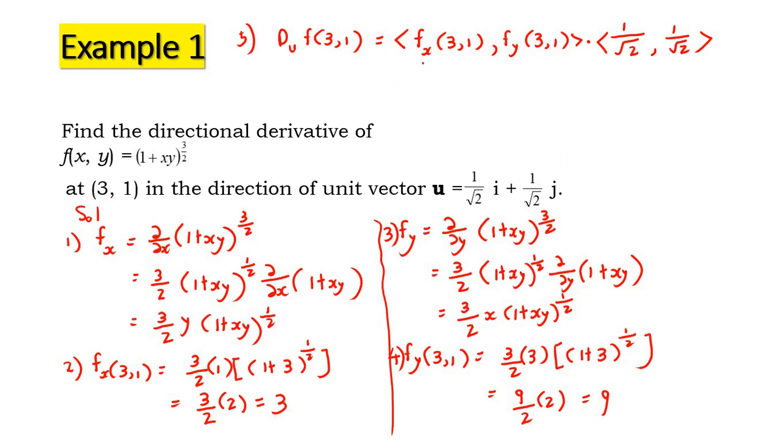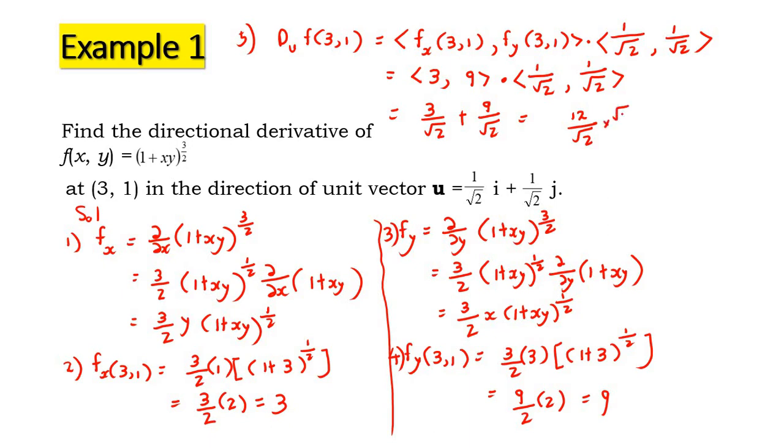This is f_x(3,1) in the component i, so 3i, and f_y(3,1) is 9, so 9j. So this is 3i plus 9j, dotted with the unit vector 1 over sqrt(2) i plus 1 over sqrt(2) j. For the dot product, you take 3 over sqrt(2), since i dot i is 1, plus 9 times 1 over sqrt(2), which is 9 over sqrt(2). In total we have 12 over sqrt(2). Simplifying, 12 over sqrt(2) becomes 6 sqrt(2).